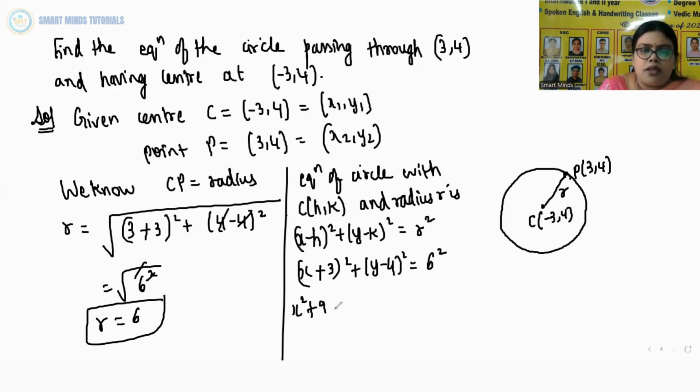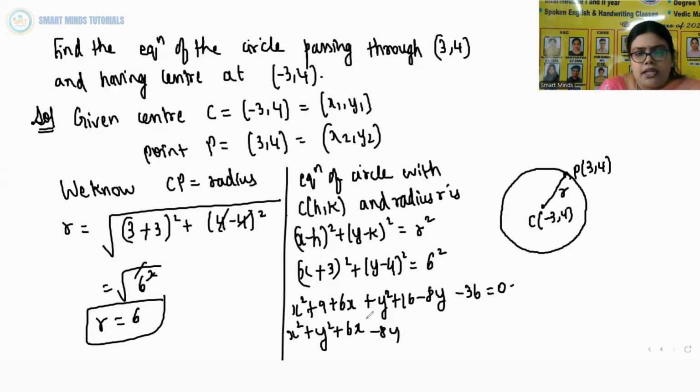So x square plus 9 plus 6x plus y square plus 16 minus 8y minus 36 is equal to 0. So finally we get x square plus y square plus 6x minus 8y. See, 9 plus 16 is 25. 25 minus 36 is minus 11, is equal to 0. This is the required answer.